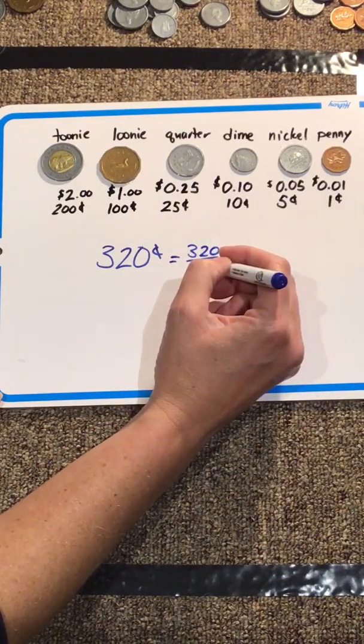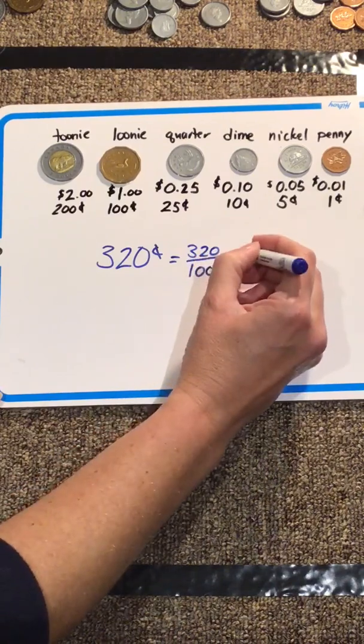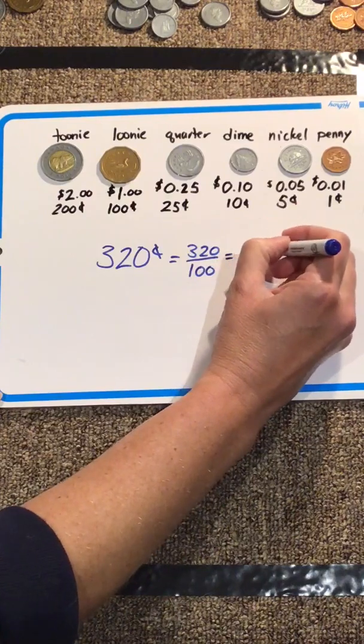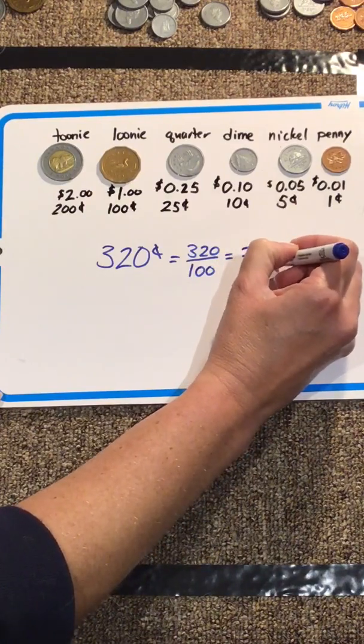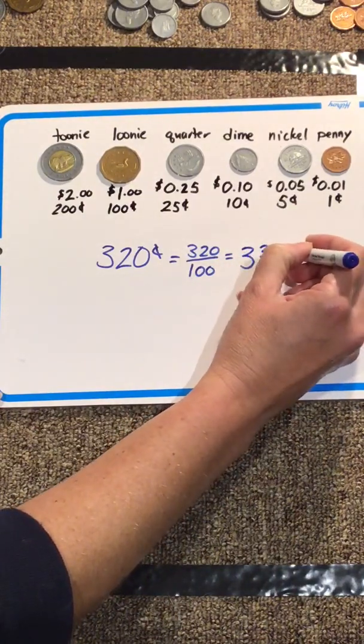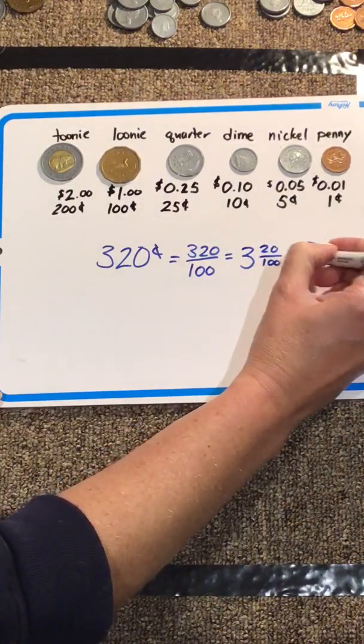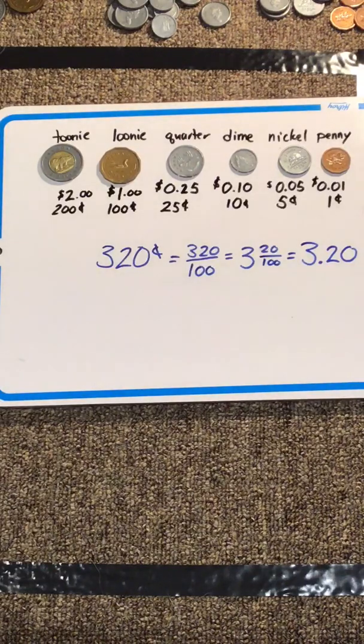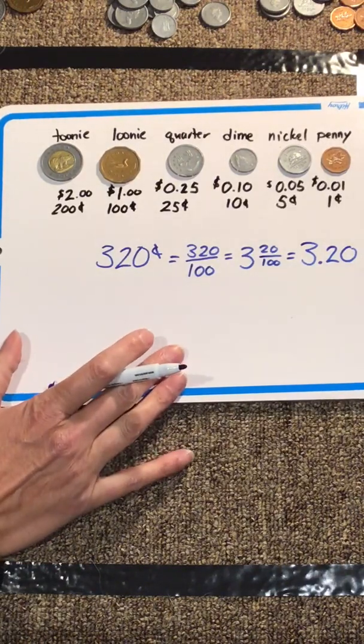Okay, if we wanted to then change it to a mixed fraction, we've got 3 whole hundreds, and then we have 20 hundredths left over. And if we put that as a decimal, we would have 3.20.